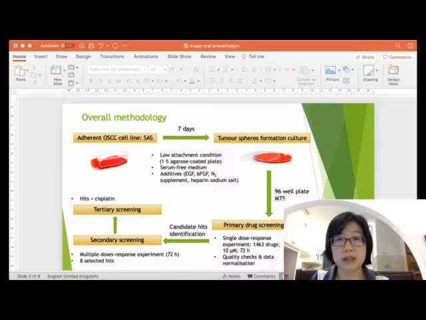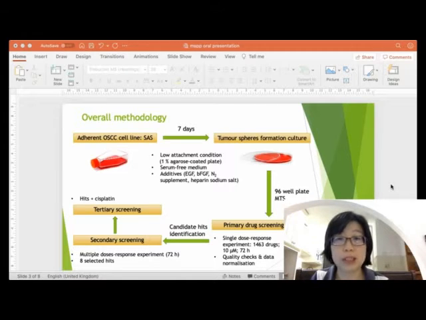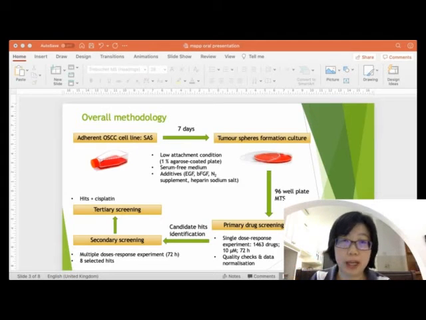To make the cancer model that we test more relevant, we have grown cancer stem cell-like cells, also known as tumor spheres, from different patient-derived cell lines. In the end, only the SAS cells could grow consistently into a sufficient amount under the low attachment condition in serum-free medium supplemented with additives as shown over here.